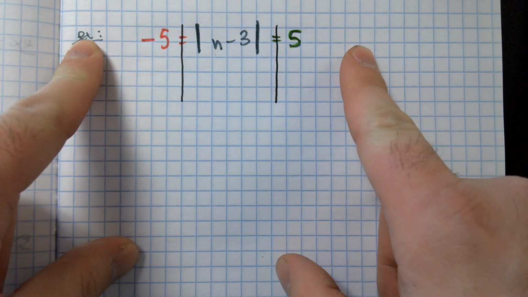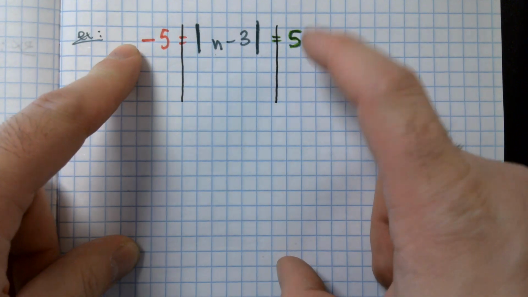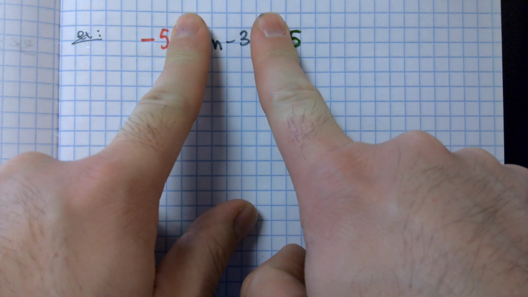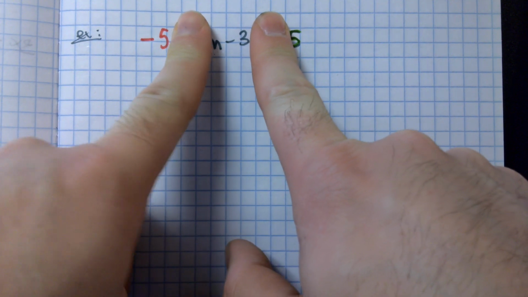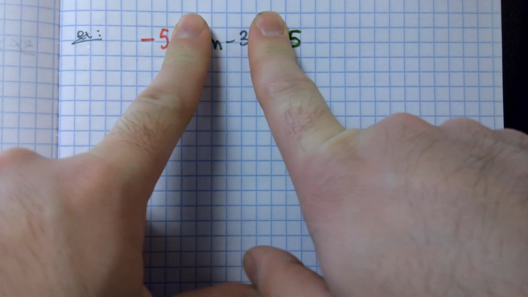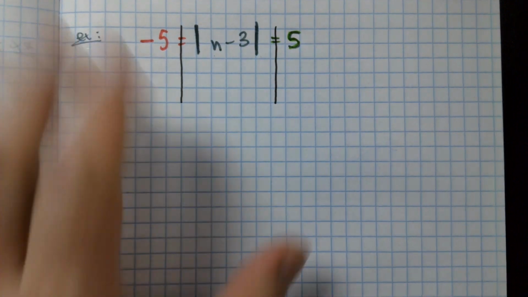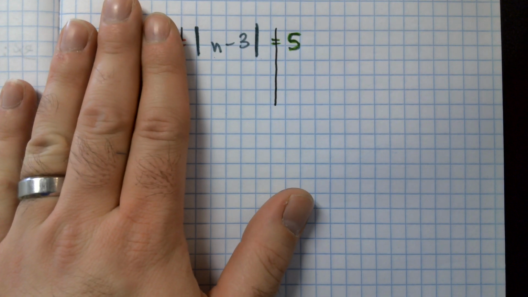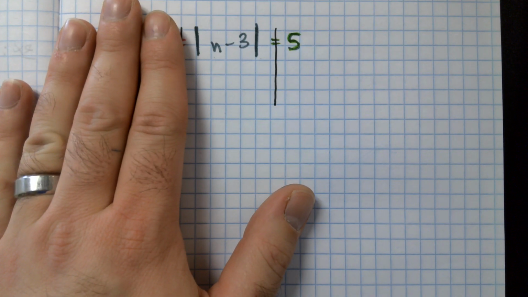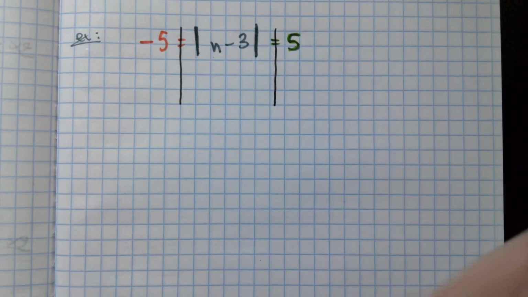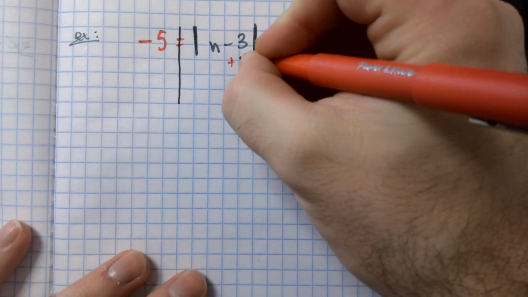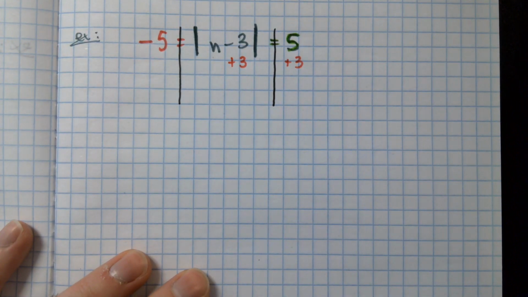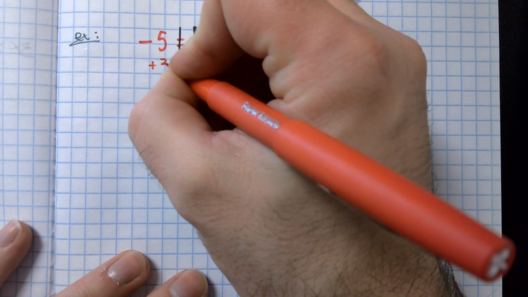We've split this into 2 separate scenarios, a positive solution and a negative. So we're going to pretend these little guys are gone. You could rewrite it without them, but I'm not going to do that. Now, n minus 3. What would I normally do to cancel out that minus 3 on both sides? I do plus 3. So now I'm not just going to do plus 3 over here and plus 3 over there. I'm also going to do it over here.